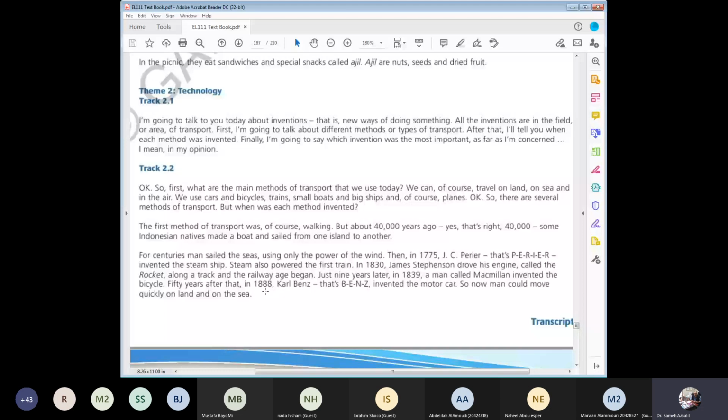So again, whenever we read something, it's not about the information as much as it is about the strategy, reading strategies, how to read. And by reading, I don't mean the organized noise that we make when we say, I'm going to talk to you, blah, blah, blah.